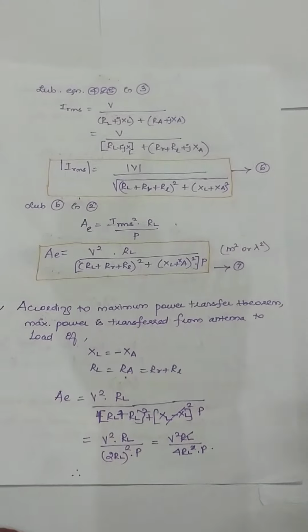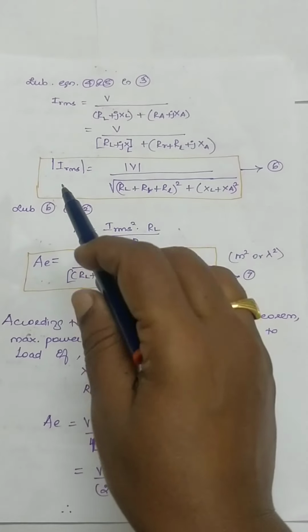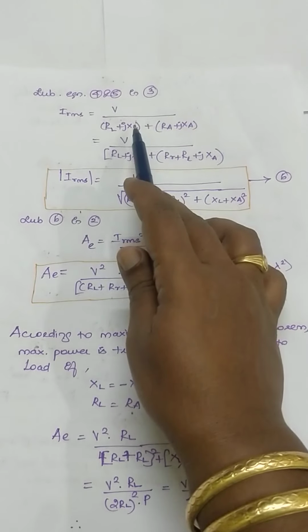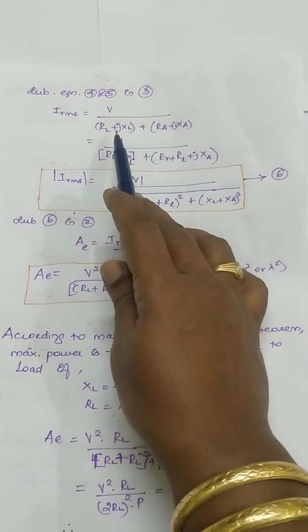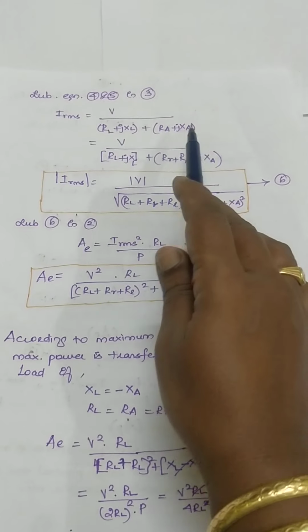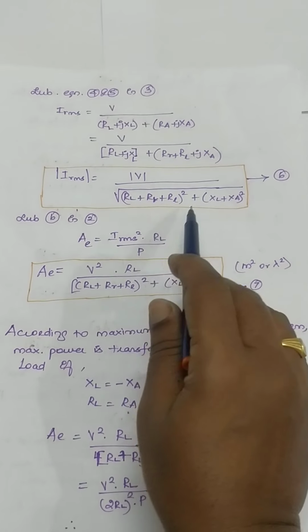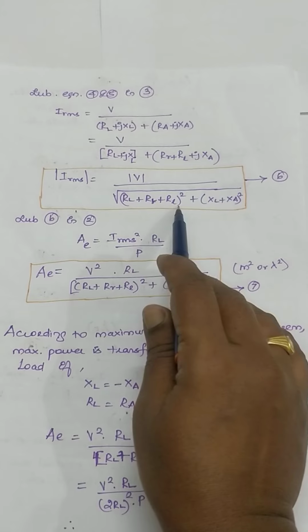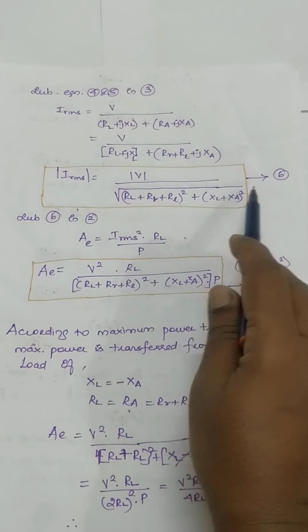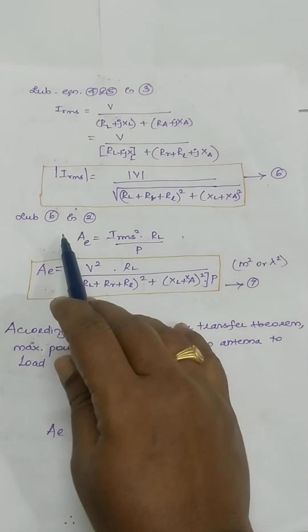Now we are moving on to substitution of equations 4 and 5 in 3. So IRMS becomes equal to V by, in the place of ZL and ZA, I have substituted RL plus jXL and RA plus jXA. Again in the place of RA we are replacing RR plus RL. We are modifying this equation and then substituting this equation 6 in 2.